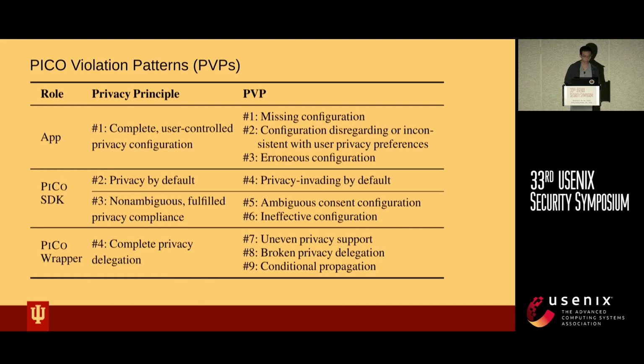For example, principle 2, privacy by default, and principle 4, the PICO wrapper must complete the privacy delegation from the app to the individual PICO SDKs. We use these privacy principles to guide the design of PICO violation patterns.